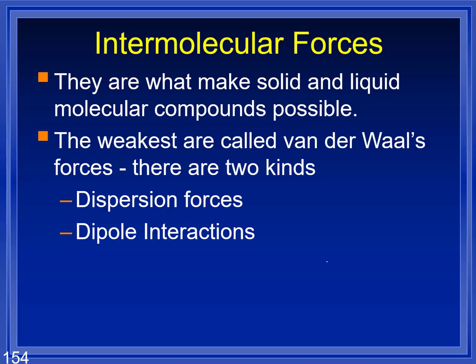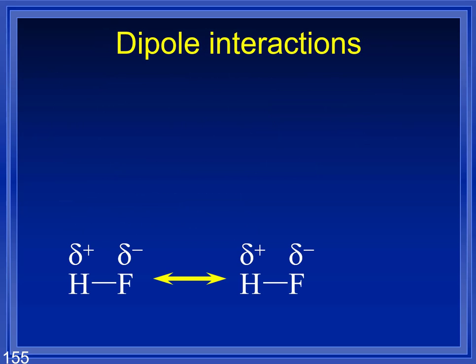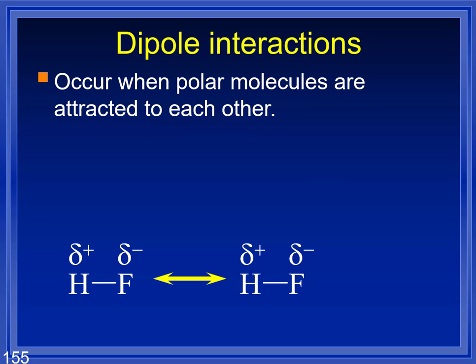Easy one to explain. Dipole interactions. Di, two poles. Two poles interact. Polar molecules are going to be attracted to each other. Why? Well, we got a negative next to a positive.